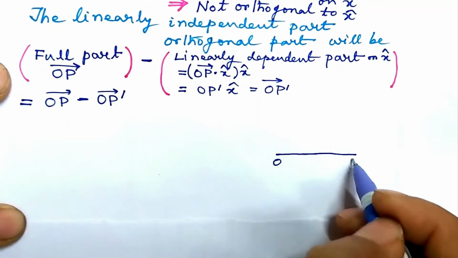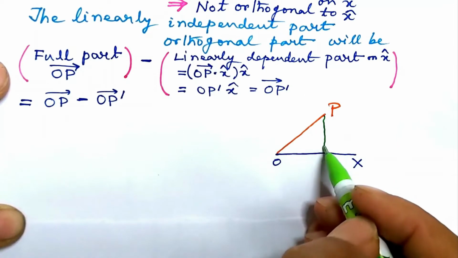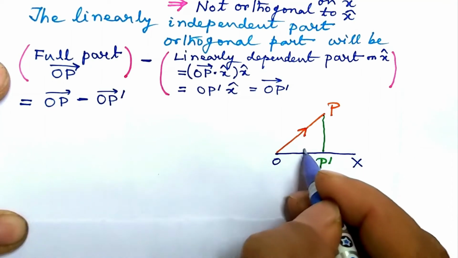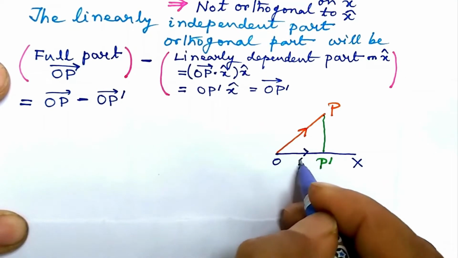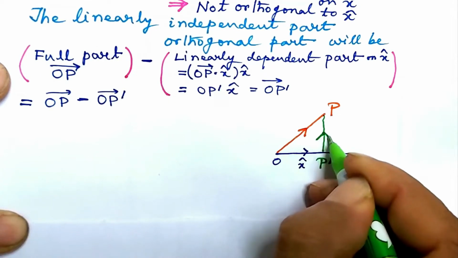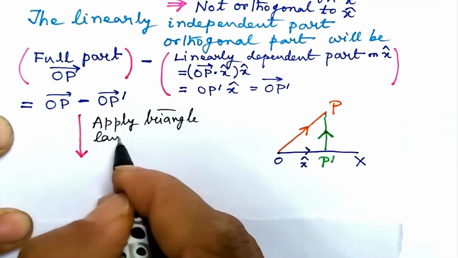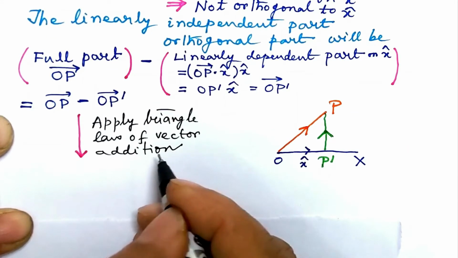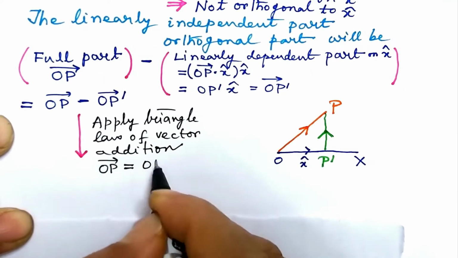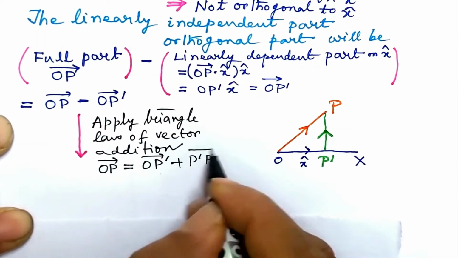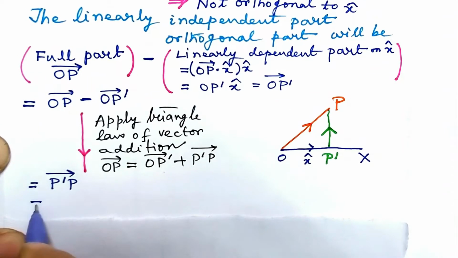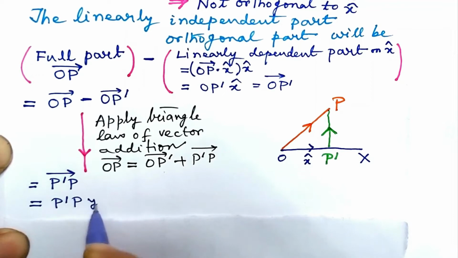Now this is OX, this is OP and the perpendicular projection gives PP prime. This is vector OP, this is vector OP prime, this is x cap and this is P prime P. So we can apply the triangle law of vector addition to this right angle triangle OPP prime to get vector OP equal to vector OP prime plus vector P prime P. So vector OP minus vector OP prime is vector P prime P, which is P prime P into y hat.